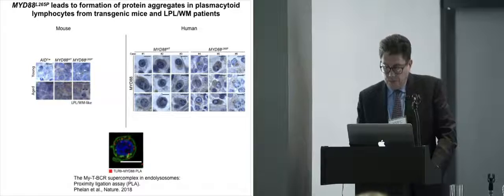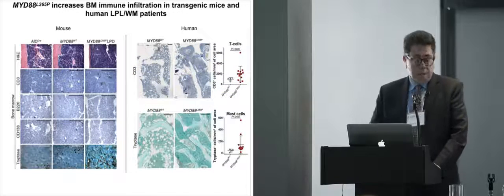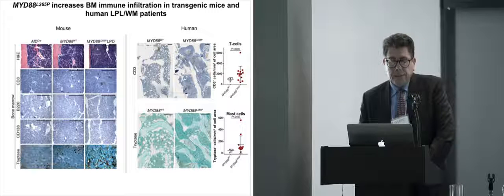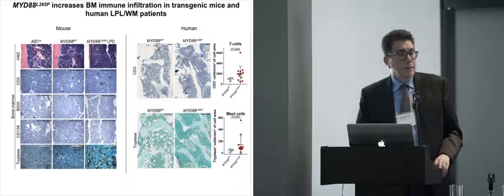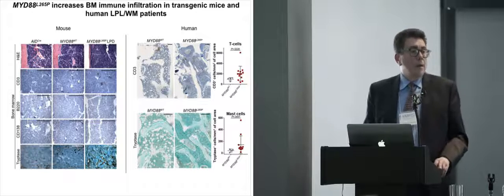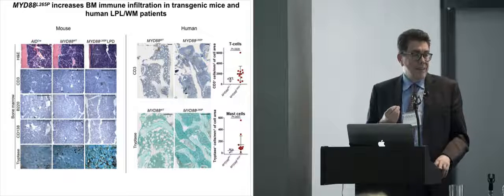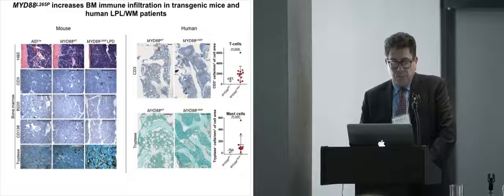This is unpublished work. Something else that we identified in our animals is an increase in T cells. Somebody was talking about how important immunology is in Waldenstrom macroglobulinemia. This is evidence that immunology is important.